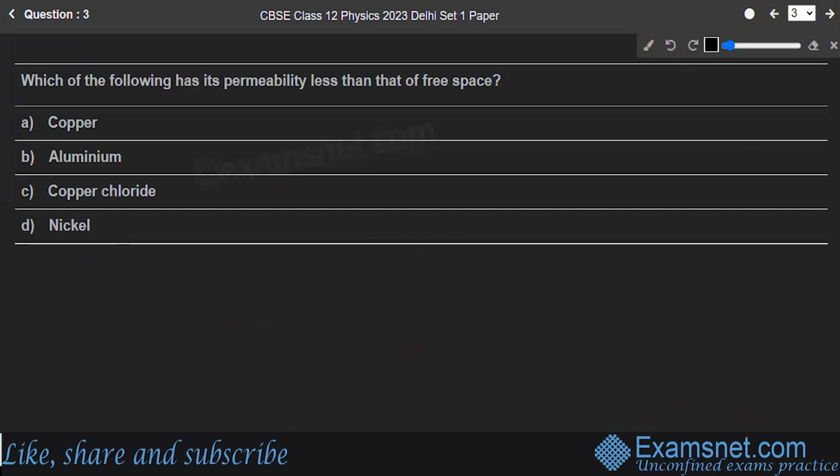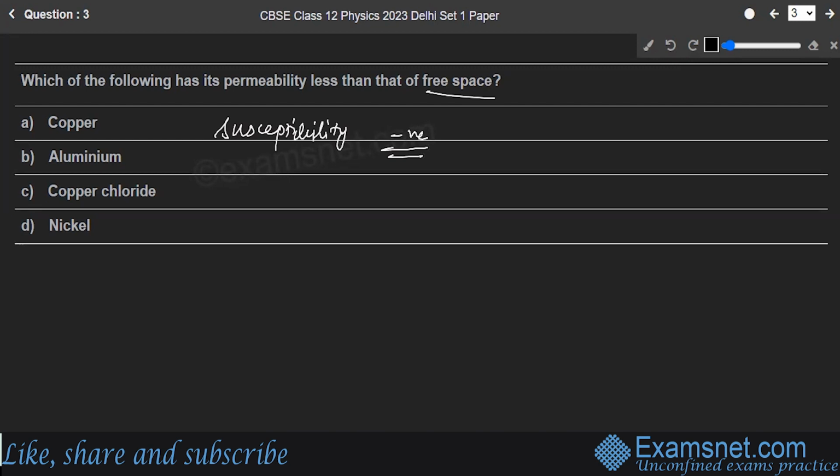Which of the following has its permeability less than that of the free space? Copper, aluminium, copper chloride, or nickel? For the diamagnetic substance, susceptibility is negative.